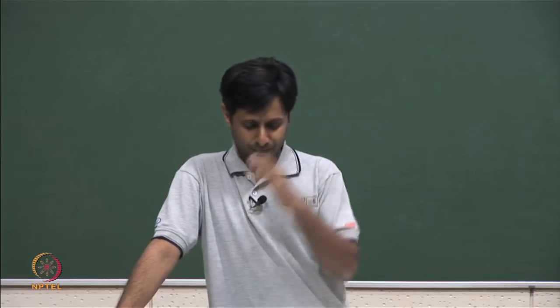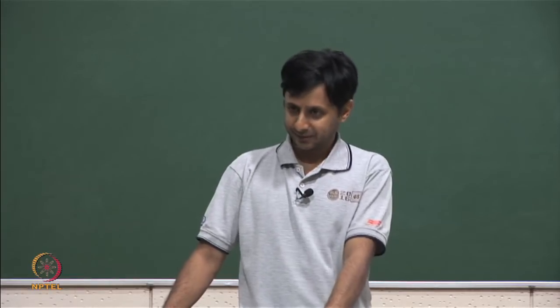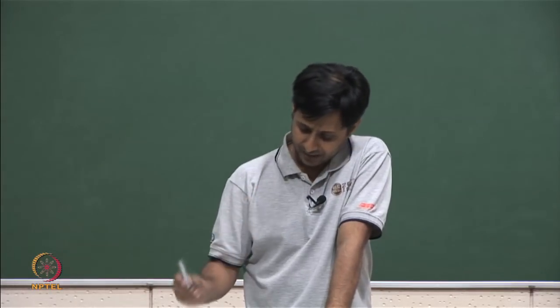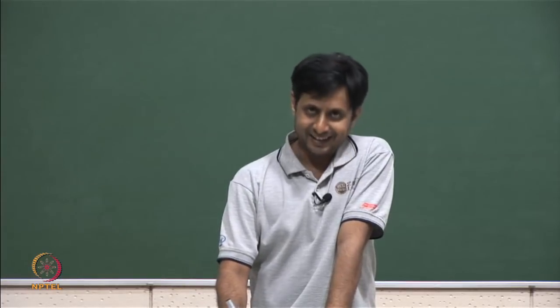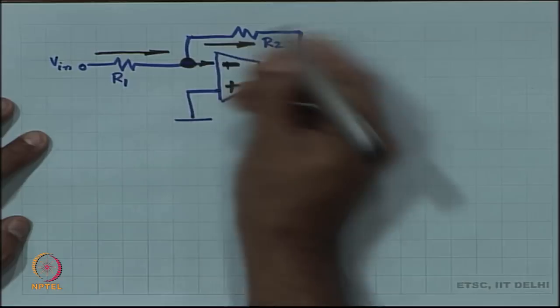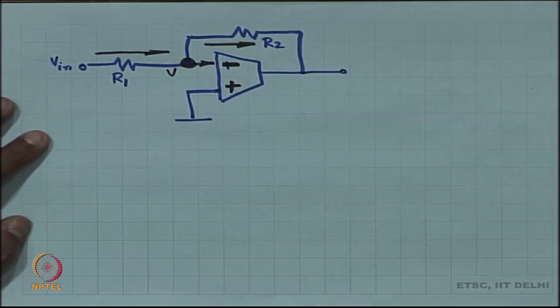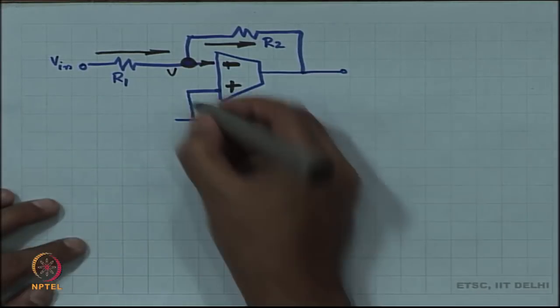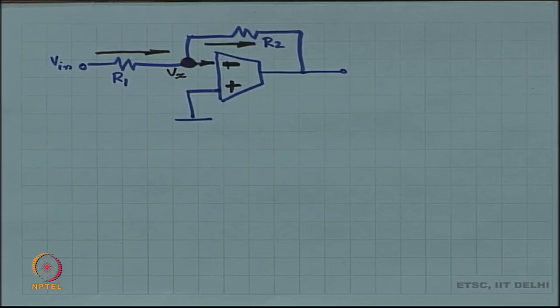So, we are going to bring the load line back into the picture and do our analysis. All right. So, the way it works is, let us say, let us call this voltage Vx. Since we do not know what it is, let us call it Vx, all right.